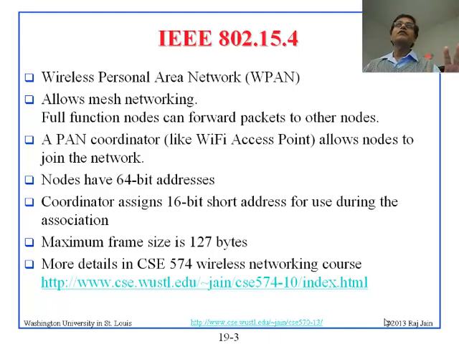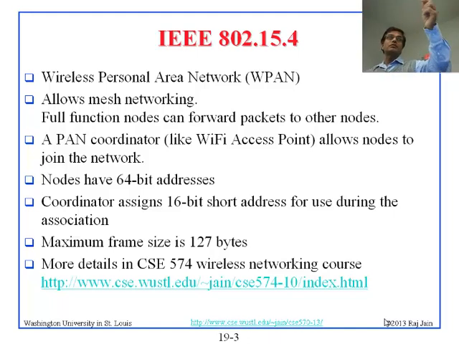Basically 15.4 is used in home environments for connecting sensors together. And sensors means your thermostat with power connectors and things like that. The key thing to note about 15.4 is that it is mesh networking. Mesh means that somebody will take your message and transmit it.